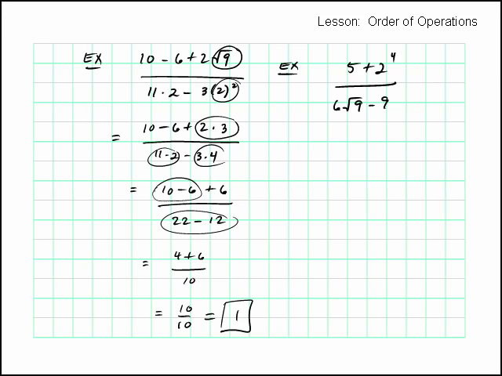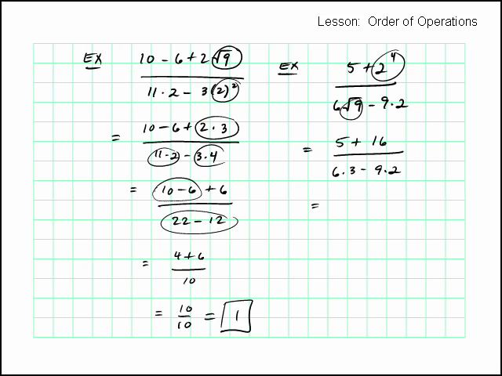Okay, as my first step, I'm going to take care of that exponent and that square root. 2 to the 4th power is 2 times 2 times 2 times 2. That would be 16. So I've done that. Square root of 9 here is a 3. We've seen that before.